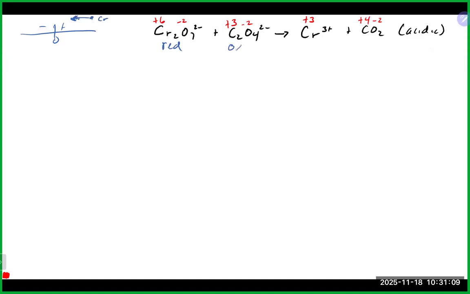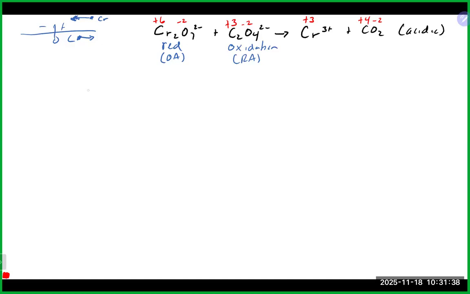By default, this guy should be going through oxidation, and we can see it with the carbon. Carbon starting at +3 and ending at +4 is moving in the positive direction, and it's going through oxidation. That would mean that the dichromate here is our oxidizing agent, and our reducing agent there is our oxalate in this case. Questions on any of that stuff there?